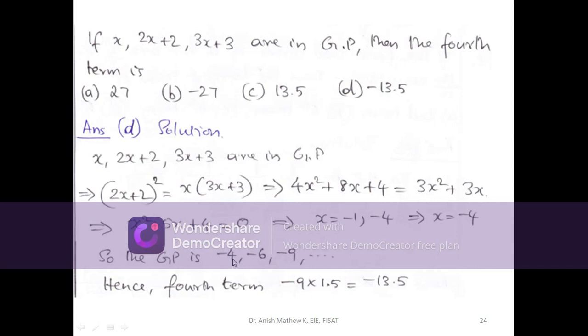You can go either way: a4 equal to a into r cube, or just multiply the third term with the common ratio. So minus 9 into 1.5 equal to minus 13.5. So that is option D.